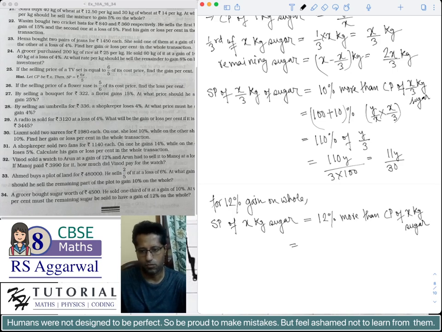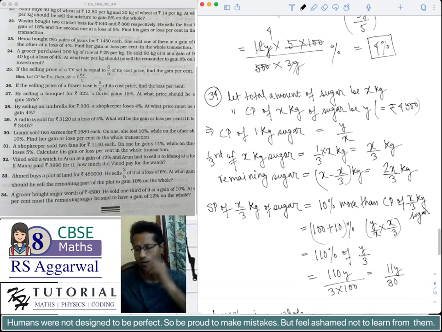This is equal to 12% more, meaning 100 plus 12%, of the cost price of X kg of sugar, which we have assumed to be Y. In the beginning we assumed the total amount of sugar to be X kg and the cost price of X kg of sugar is Y, where in the problem it is given that Y is equal to 4,500.